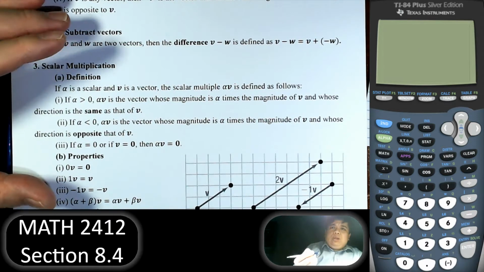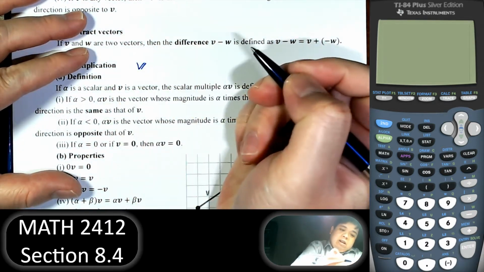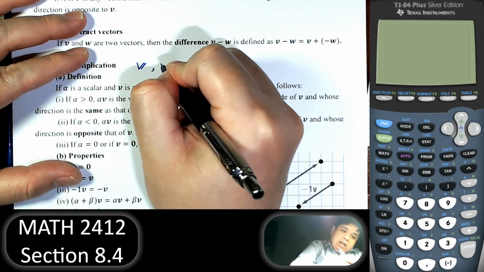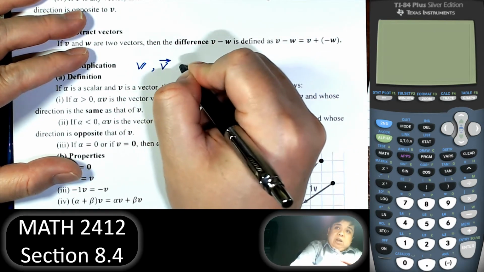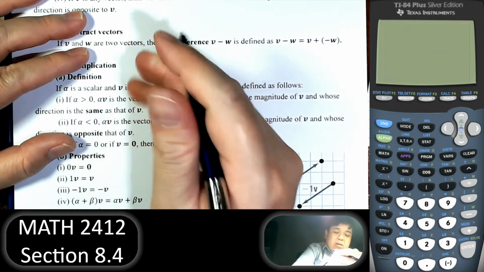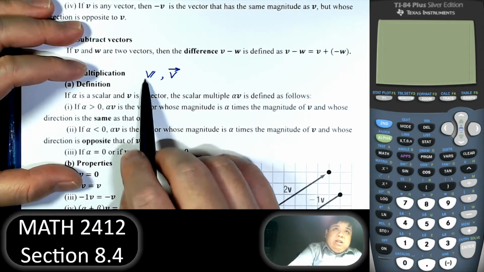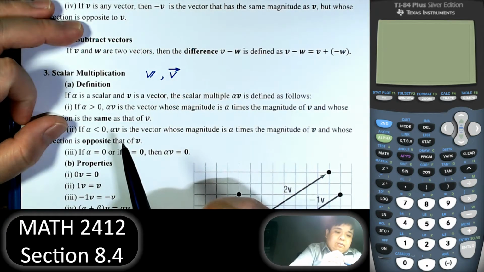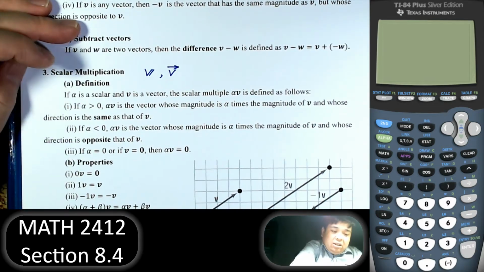By the way, you will see a lot of different notation for vectors. You may see the vector v with an arrow, and some write v with a dot on the top, but I will not go that far. Usually I use the boldface v as opposed to the arrowhead.